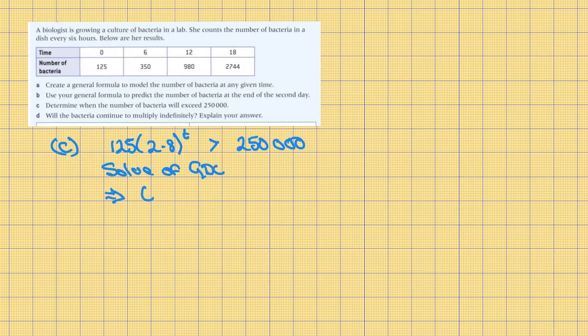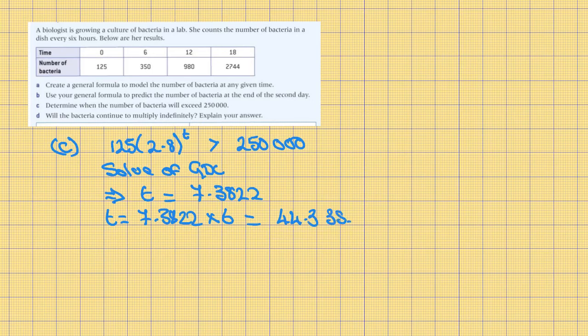Therefore, t is equal to 7.3822. But seeing t is every 6 hours, we need to multiply that value by 6. So t is equal to 7.3822 times 6, which is equal to 44.3 to 3 significant figures.